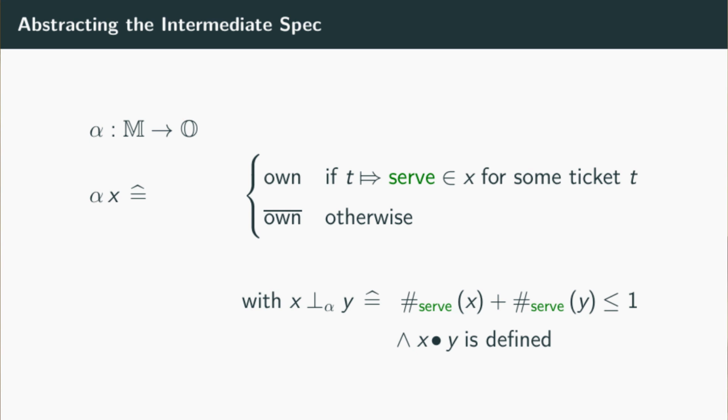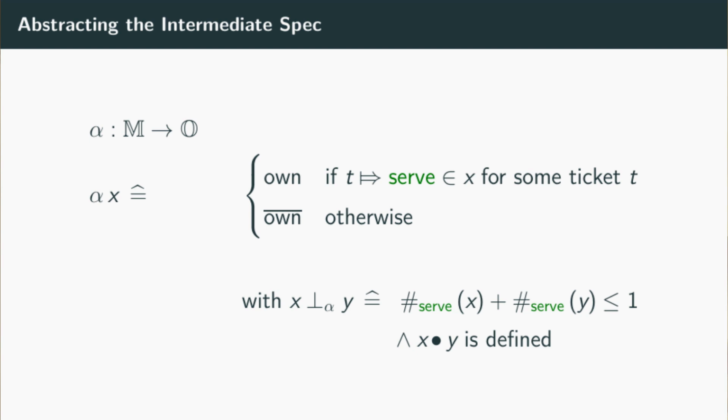As stated, the transition system does not enforce exclusivity of locking, and there can be two tickets being served at the same time. For alpha to behave well, we need to preclude this situation. A formal way to say that alpha is well behaved is to associate it with the separating relation bottom alpha.